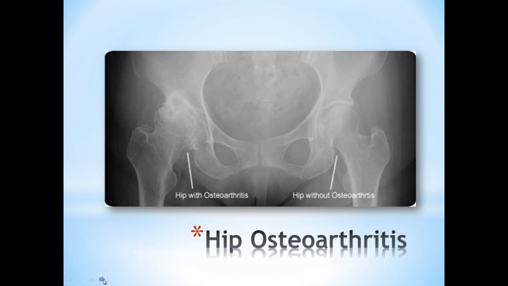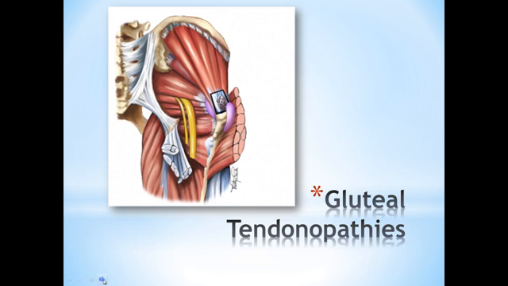One of the less common injuries or problems that we see in the hip are gluteal tendinopathies, and oftentimes I'll get that patient. They'll come in with lateral hip pain, and we'll say, okay, that's pretty classic greater trochanteric bursitis.